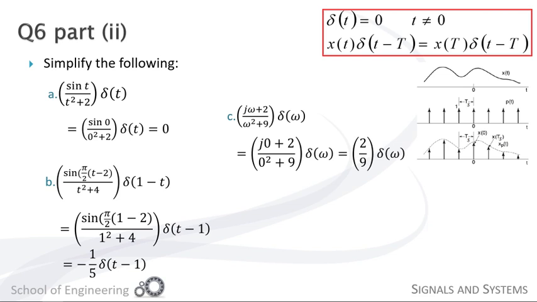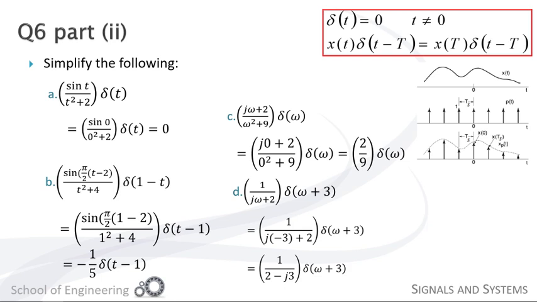And this one will be at 0, I'll have a 2 over 9 impulse. Okay? And the next one, what would you substitute? Minus 3, right? So you substitute omega equals minus 3, and that's what you get.